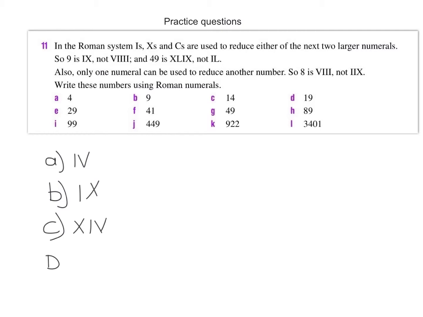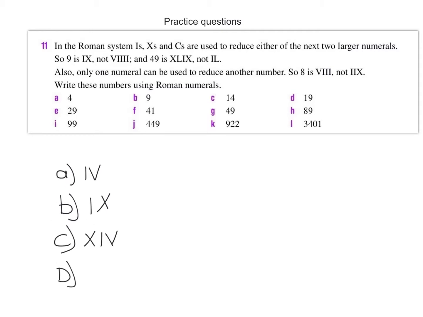And how about D? 19. Well, we know that X is 10, so we'll put our X down, and we know that 9 is IX, so it's 10 plus 9 is 19. So 29 would be XXIX.